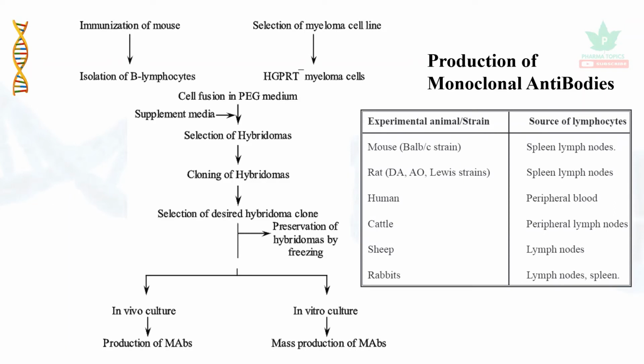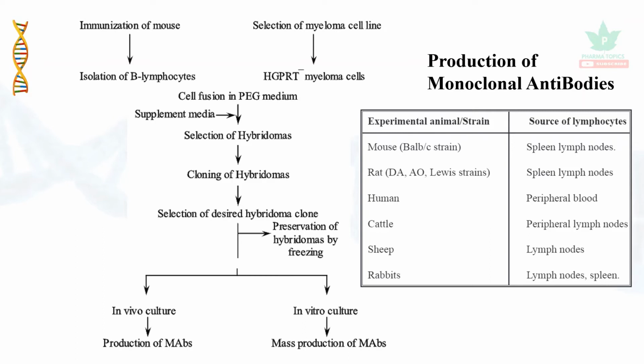So the experimental strains or animals which are used for the production of monoclonal antibodies are mouse or rat. There are different strains like BALB/c or Lewis, which can produce the monoclonal antibodies via spleen and lymph nodes. Human cells can be used, with peripheral blood as a source of lymphocytes.